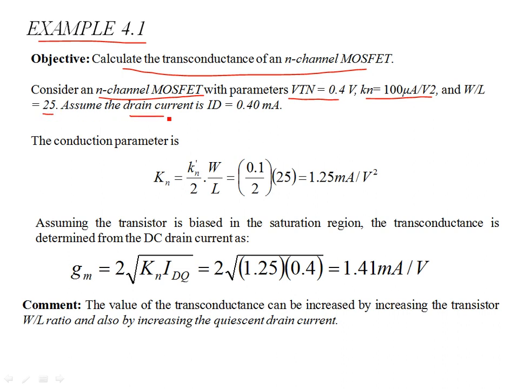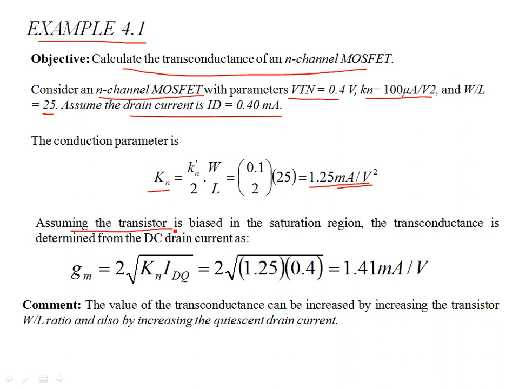Assume the DC drain current is 0.4 milliamps. First, you evaluate the conduction parameter Kn, which is Kn prime over 2 times W by L. Converting to milliamps, 100 microamps is 0.1 milliamps per volt squared. So 0.1 over 2 times 25, since W by L is dimensionless, gives 1.25 milliamps per volt squared.